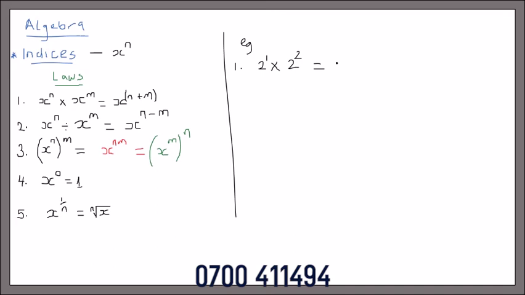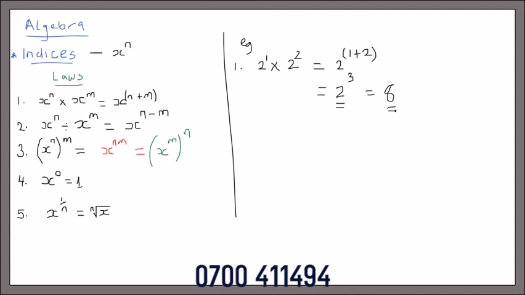So what we do is consider the common base, which is 2, and then add the powers. So I'll have 1 plus 2, which is equal to 2 to power 3. Everyone can press their calculator, and we shall get 8. Okay, this is done.